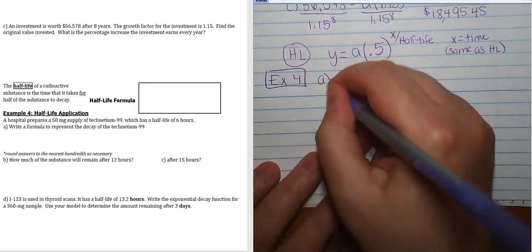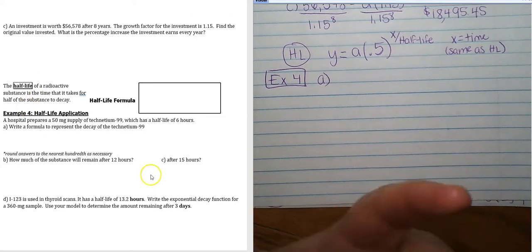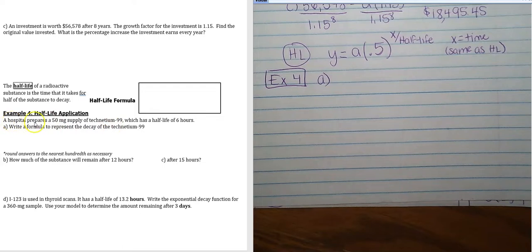Okay, so first part just says we have, and a lot of times these are elements that have very bizarre names, but it says a hospital prepares a 50 milligram supply of technetium-99, which has a half-life of 6 hours. Write a formula to represent the decay of the technetium-99.